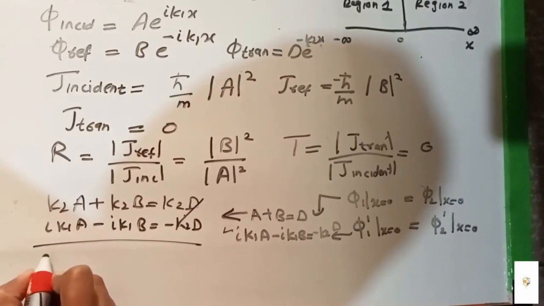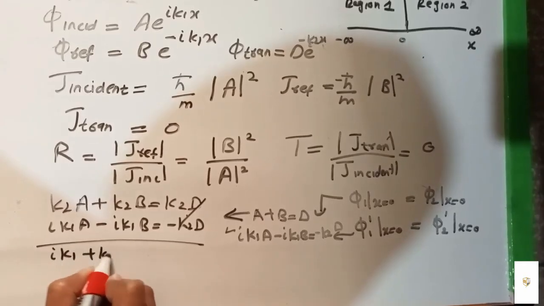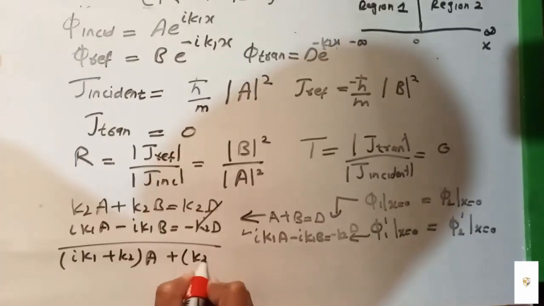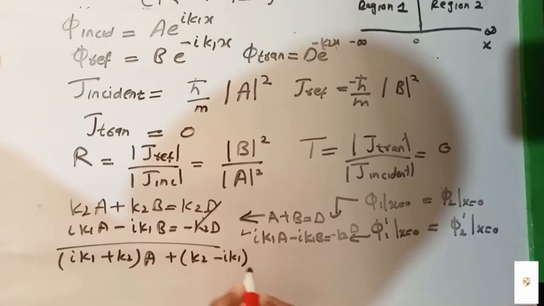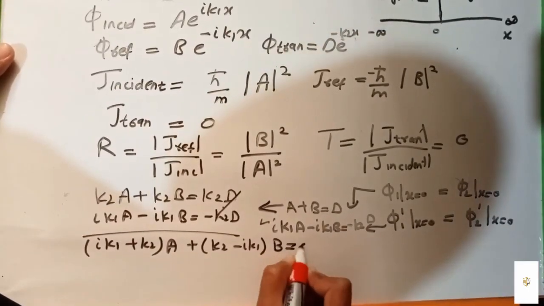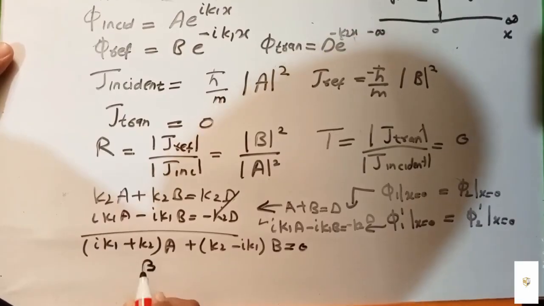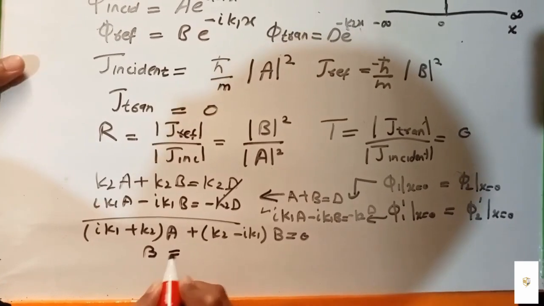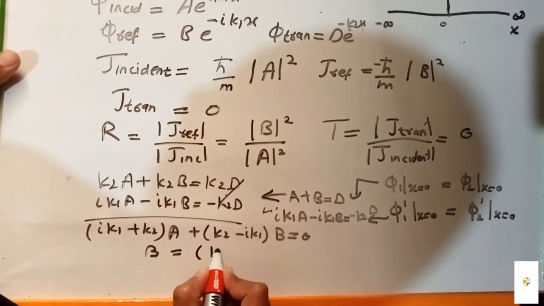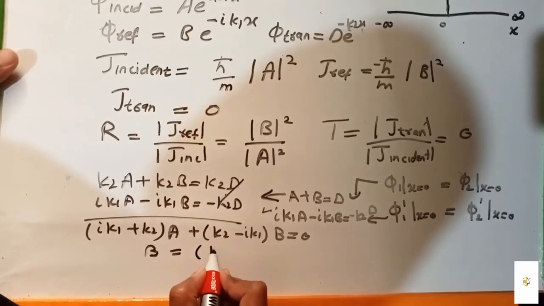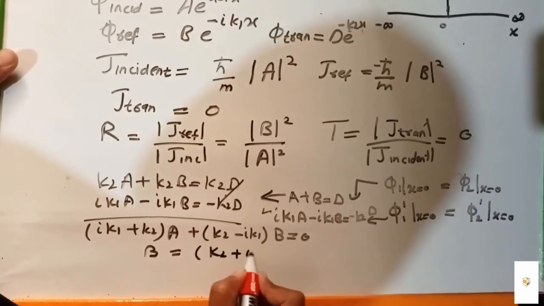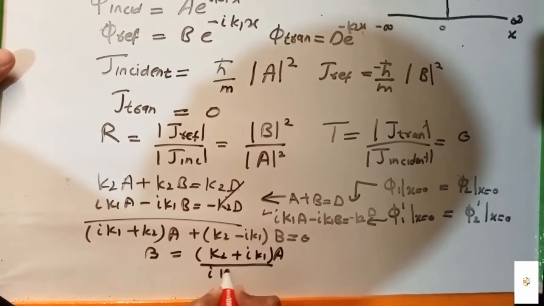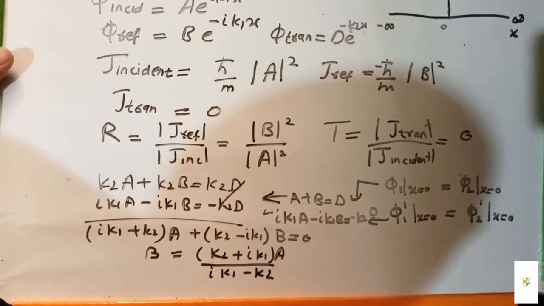This is equal to (iota k1 plus k2) A plus (k2 minus iota k1) B is equal to 0, and B is equal to (k2 plus iota k1) A over (iota k1 minus k2).